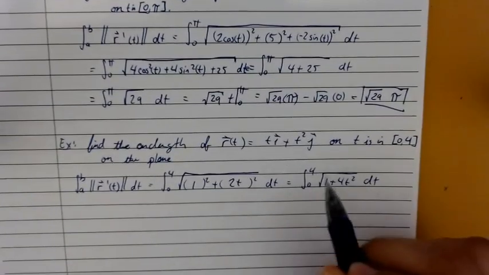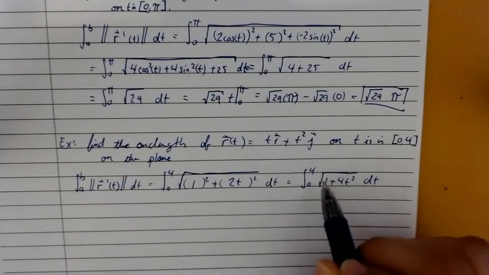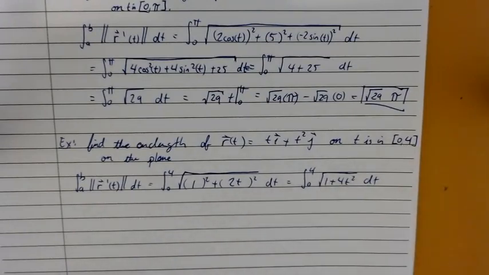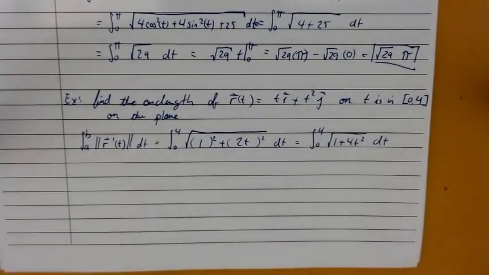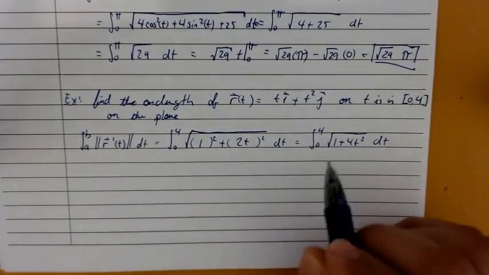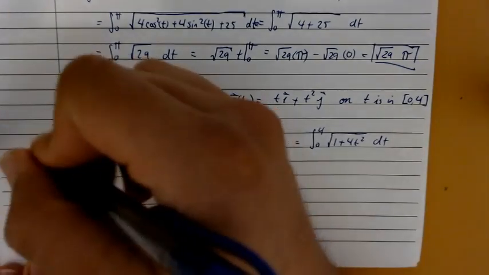And now thinking back to Cal 2, when you're integrating something that's a sum or difference of squares under a radical, that's a trig substitution. So even though trigonometry does not start off in our problem, we're going to need it to integrate that. Whenever you have the sum of squares under a square root, that's the tangent substitution.